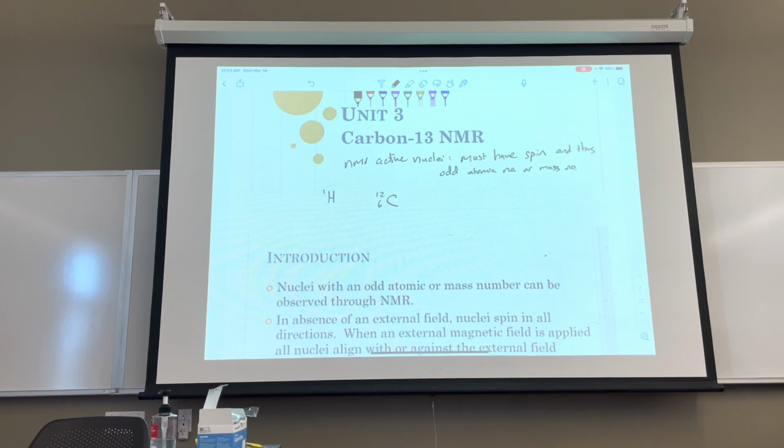So carbon-12 is not NMR active. Okay. Well, what about its heavier isotope? The heavier isotope still has atomic number 6 because it's carbon, but because it has an additional neutron, its mass number is 13. Well, that's odd, and thus that is the NMR active nucleus.